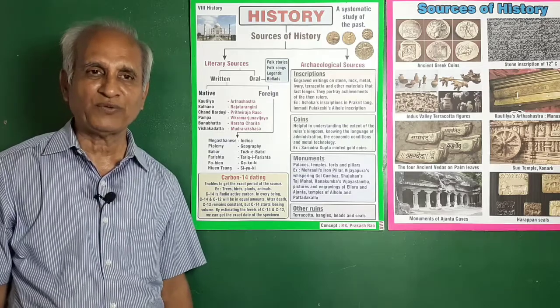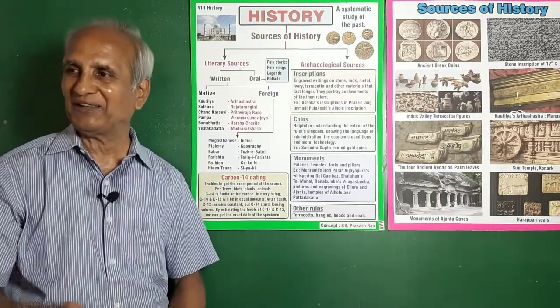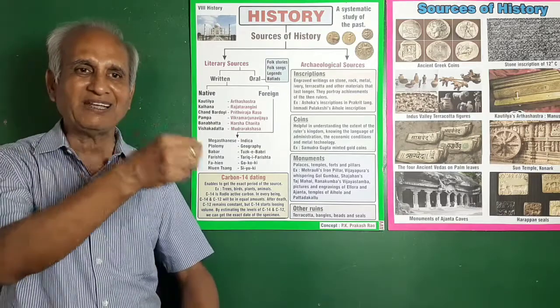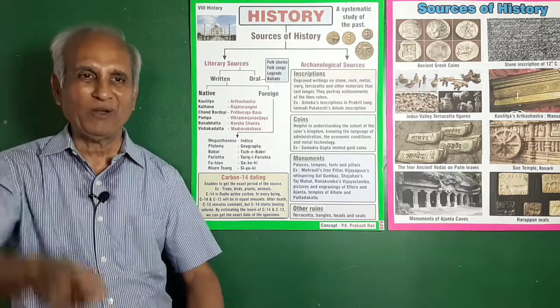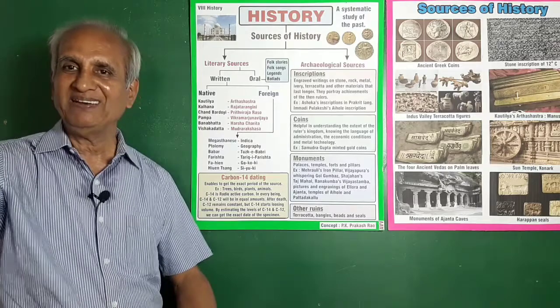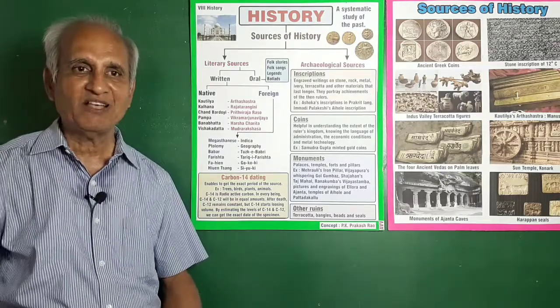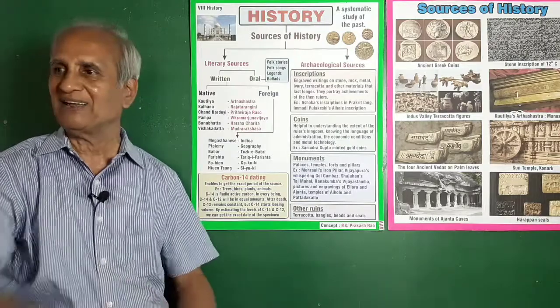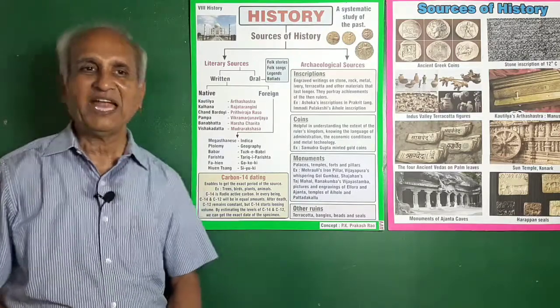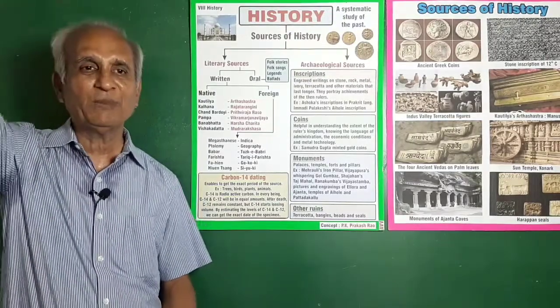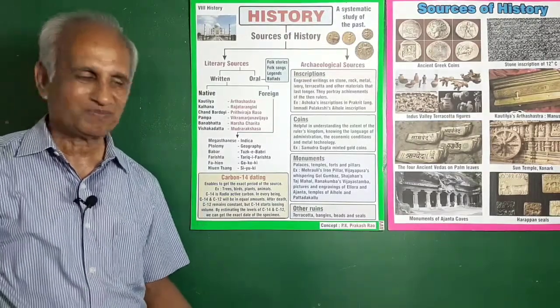We didn't have photography then. They take a small bit of that tree, subject it to experiment in the lab. They come to know this plant was sowed when Akbar was ruling. They take samples from different trees. When they all give the same result, it is ensured and established that they were planted when Mughals were ruling India.